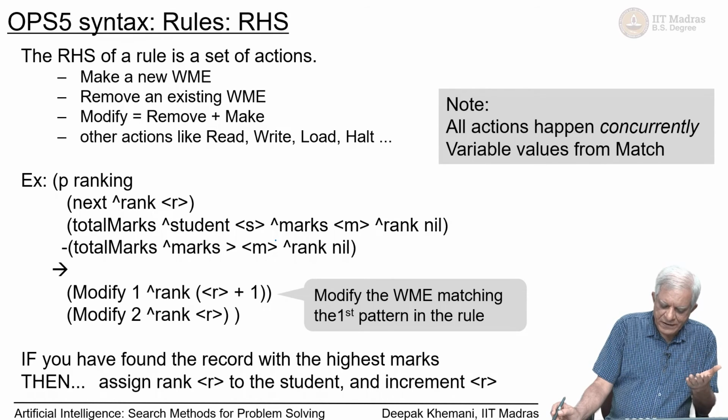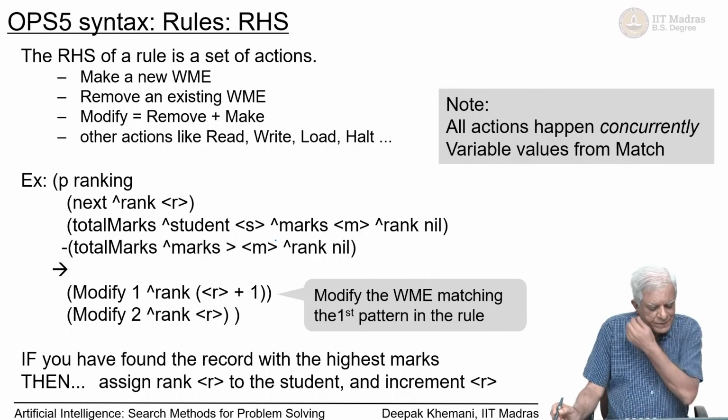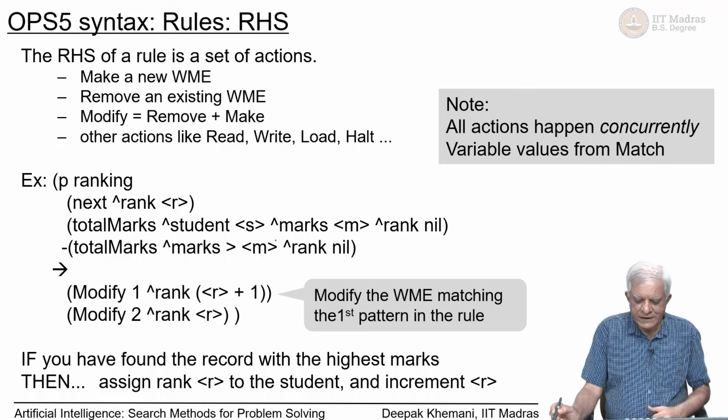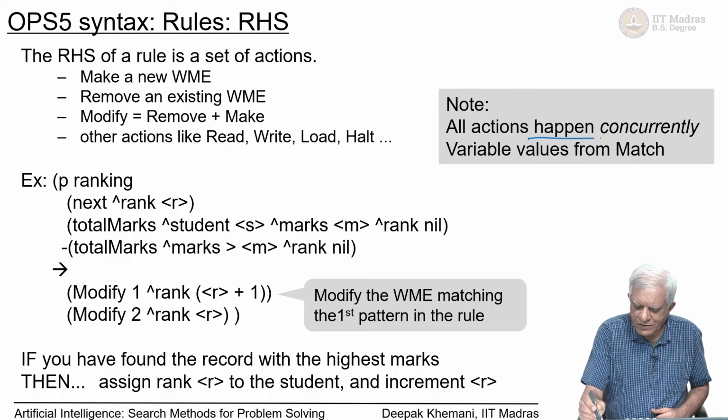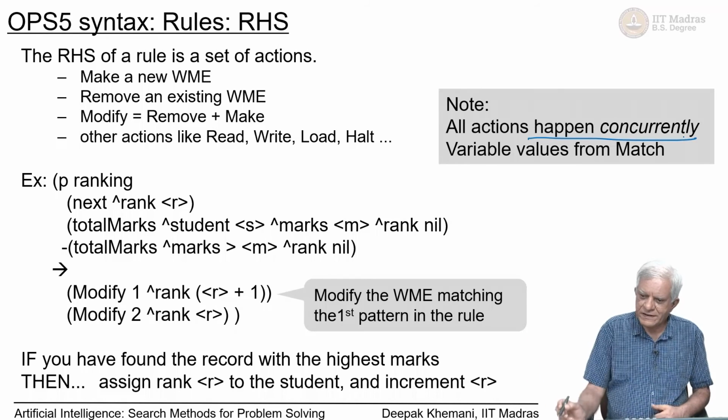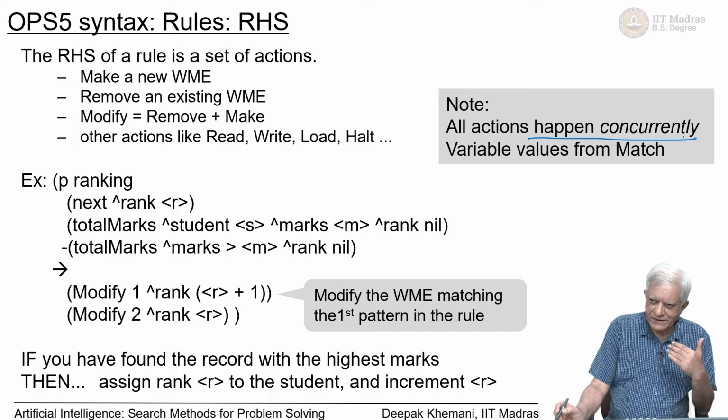the value R. Now, I have purposefully written this in this order because if you are an imperative programmer, then you would say that the value of R has changed before you have assigned the rank. That is not the case in ops5. Actions can be thought to happen concurrently essentially, which means you are not saying that the first action happens first and then the second happens.